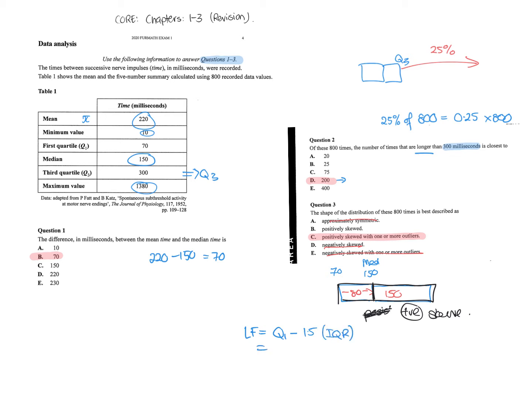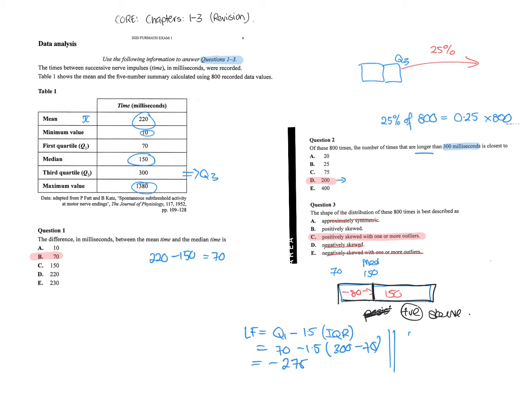We've got Q1 in the table there, 70 minus 1.5 times (300 minus 70). You get negative 275. So there's no lower fence outlier, because the minimum value is 10, so that's fine.